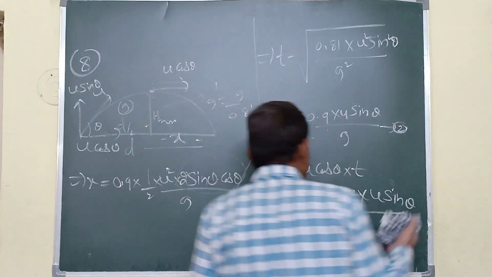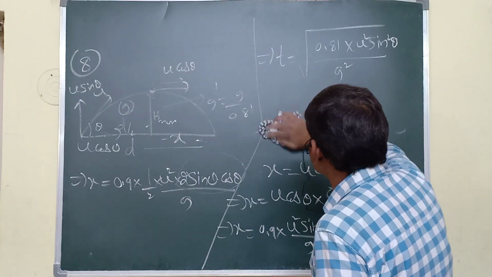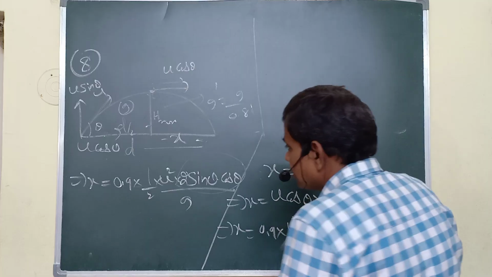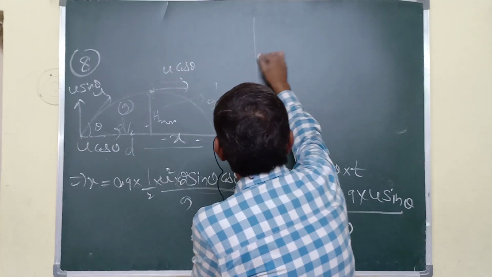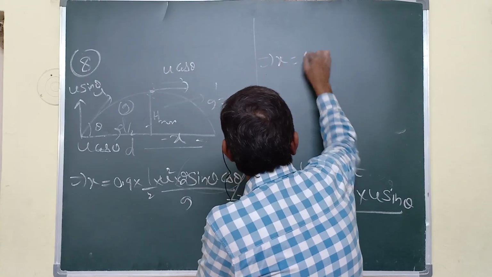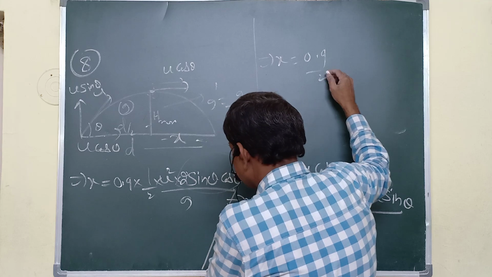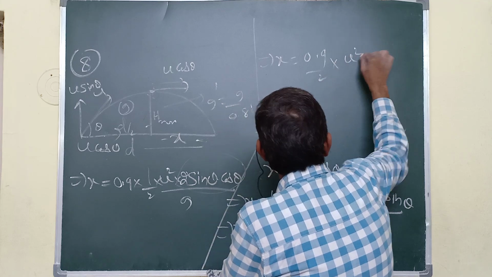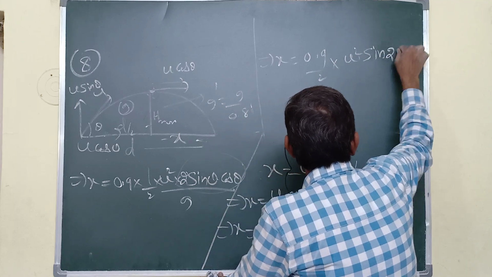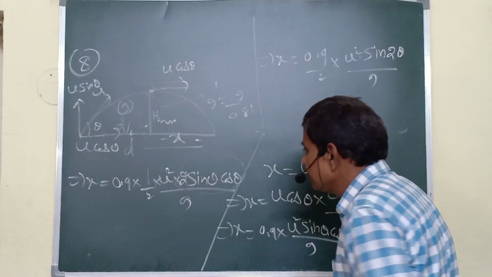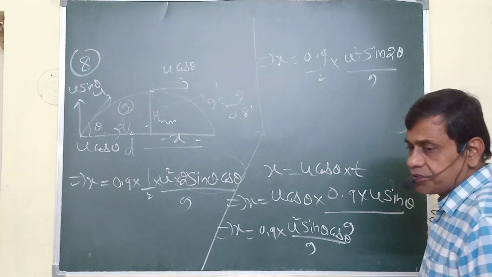So this implies x equals 0.9 by 2 into u square sin 2 theta by g. Why? 2 sin theta cos theta equals sin 2 theta.